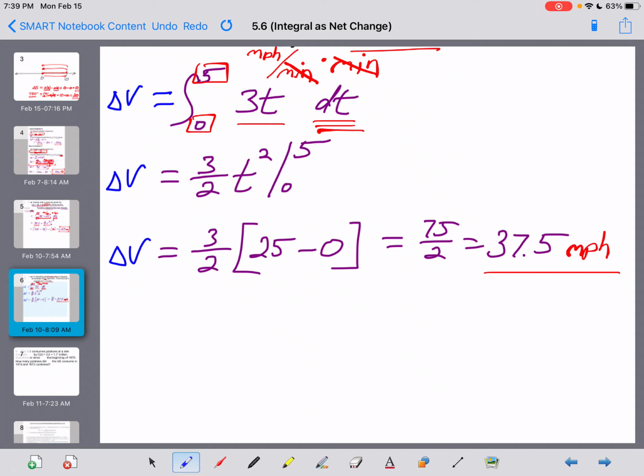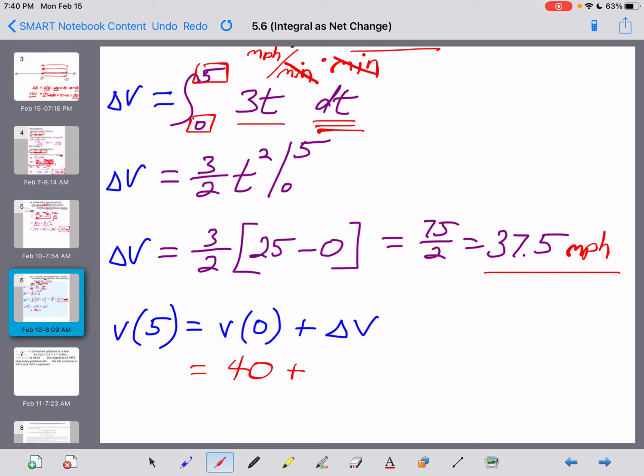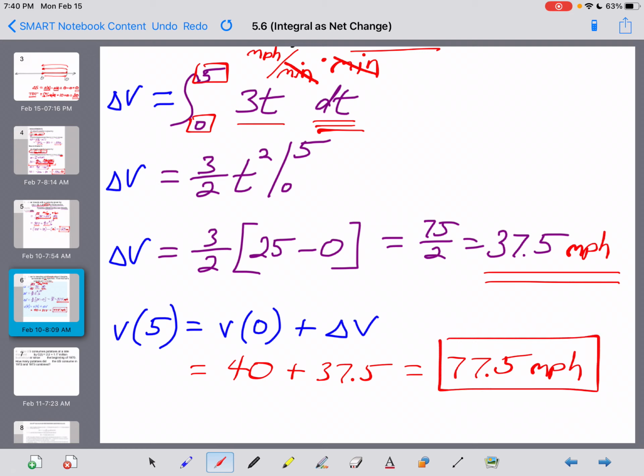I like to think about it logically, that velocity at 5 minutes would equal your velocity at the beginning, 0, plus the change in velocity during that interval, in which case v of 0, our initial velocity, was 40 miles per hour, and our delta v is what we just found here at 37.5, and that is going to get us 77.5 miles per hour for the velocity of this car at the end of the 5-minute experiment here.